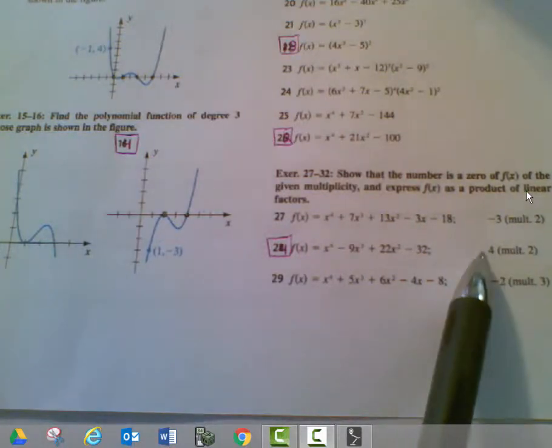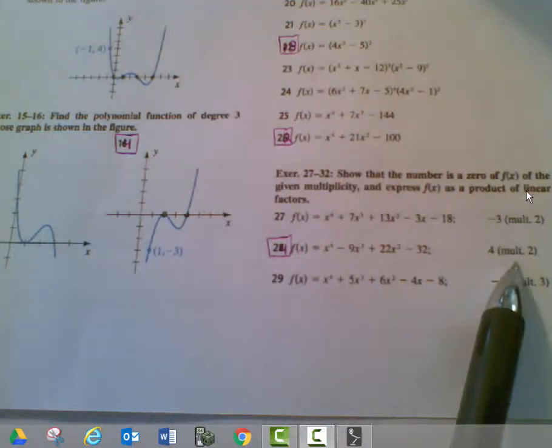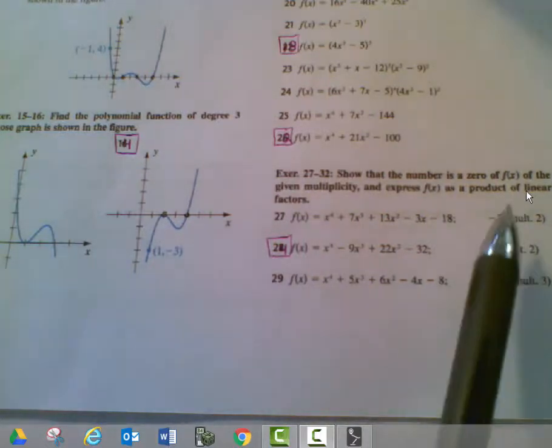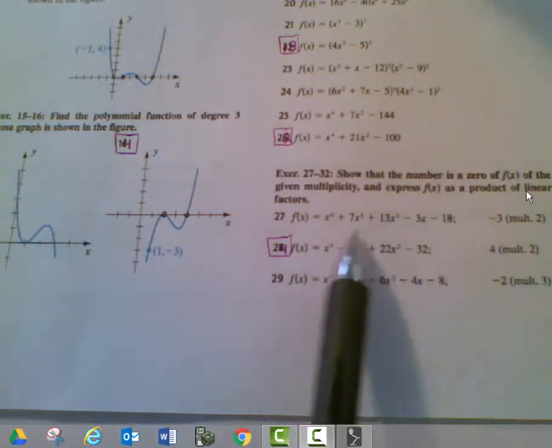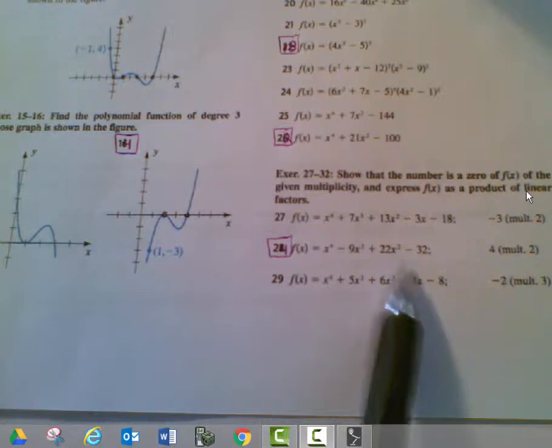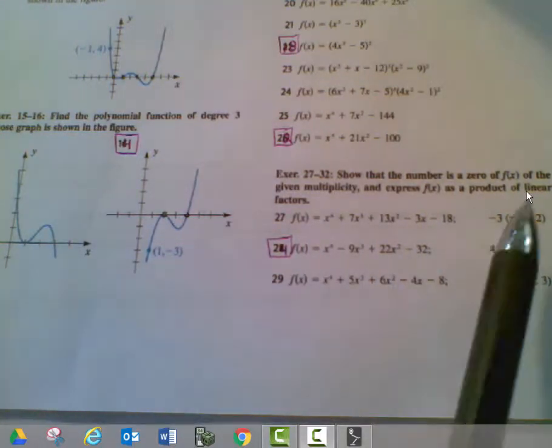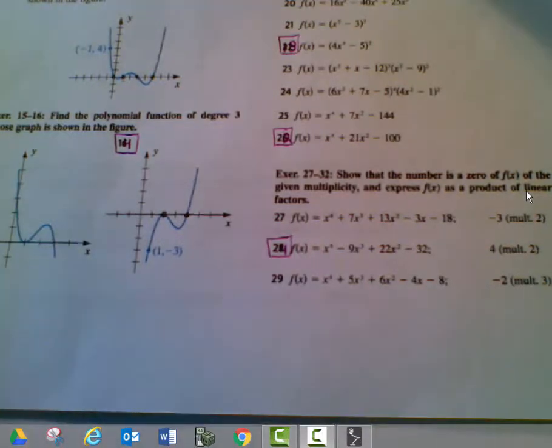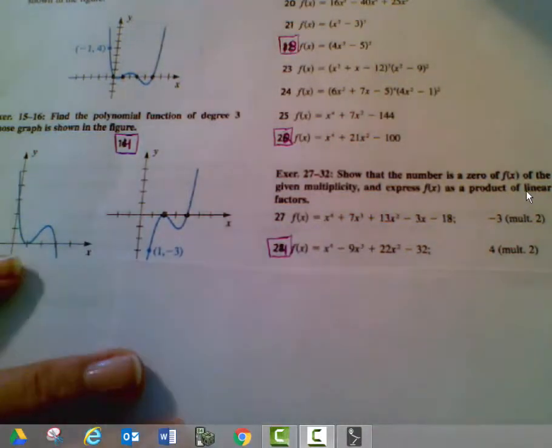We're going to show that 4 is a zero of multiplicity 2, and then use that to factor this 4th degree polynomial that we could not have factored previously into a product of linear factors. So number 24.